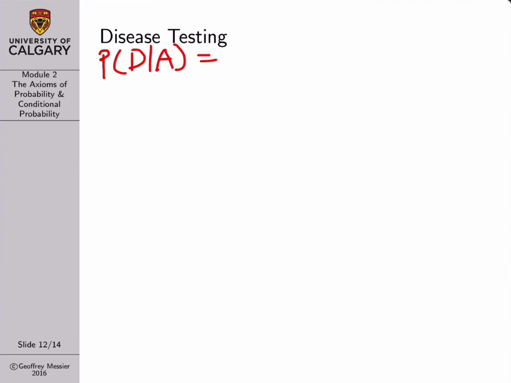Using just the definition for conditional probability, this is equal to the probability of the disease and the alert occurring at the same time divided by the probability of an alert.